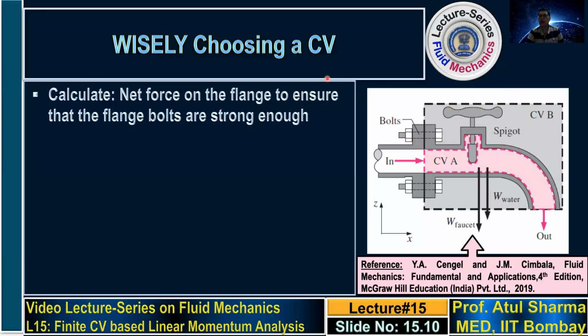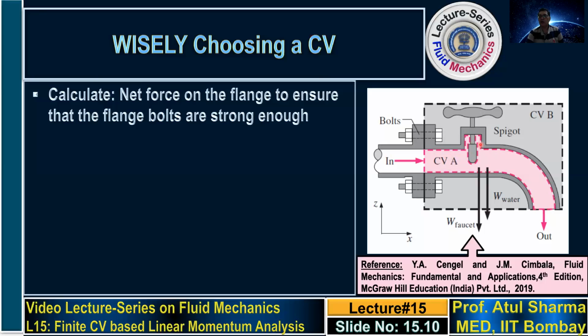So when we use a control volume which is external, it doesn't involve internal forces like viscous forces. Other than the viscous, we do not know what the pressure near the wall is when the fluid is passing through this tap. So these are unknowns which we want to avoid while choosing the control volume.